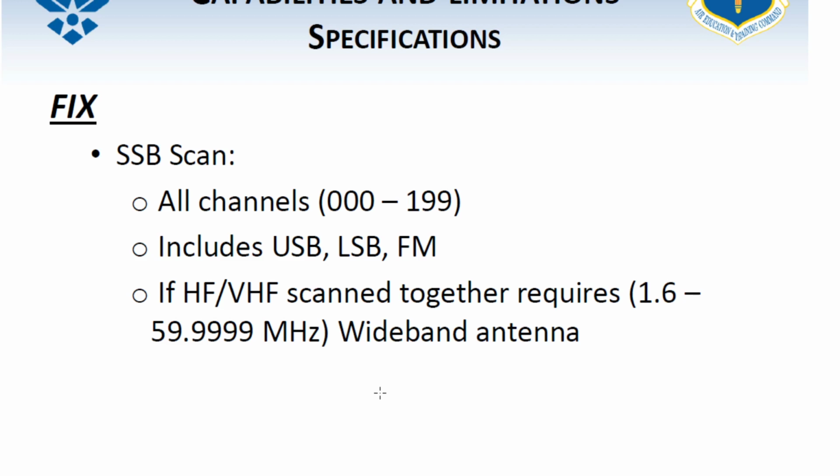Sure. So if you were trying to use your HF antenna to talk on frequency 59.9999 megahertz, the antenna would not be rated for that frequency, so you would have some impedance mismatching, and your transmission would not be as effective as it would be using an antenna rated for the frequency you were trying to use.